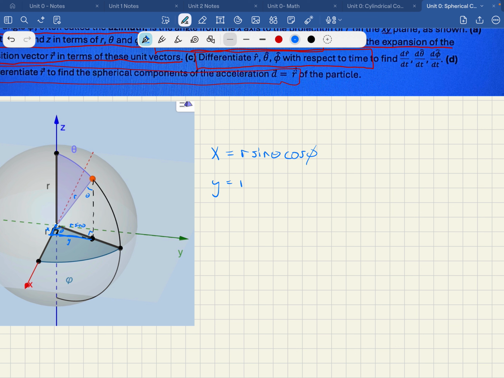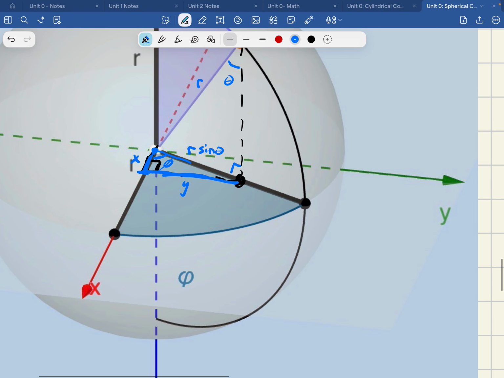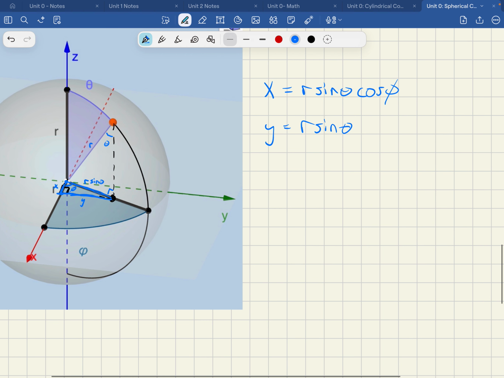Y is going to equal r sine theta, that is the hypotenuse of this flat triangle, times, since it's the opposite, sine of phi.